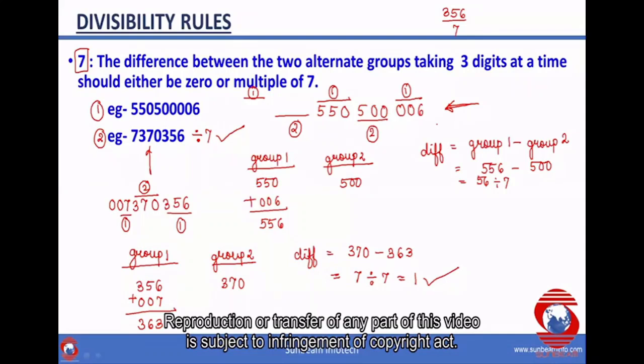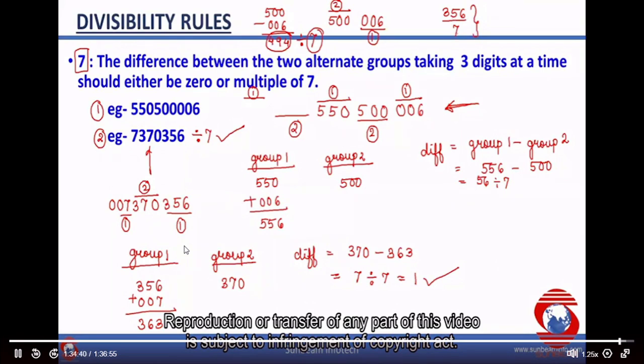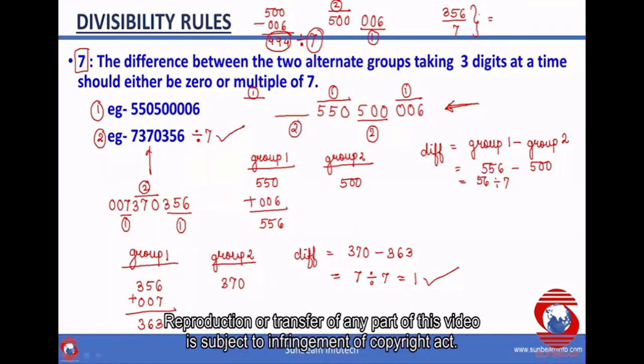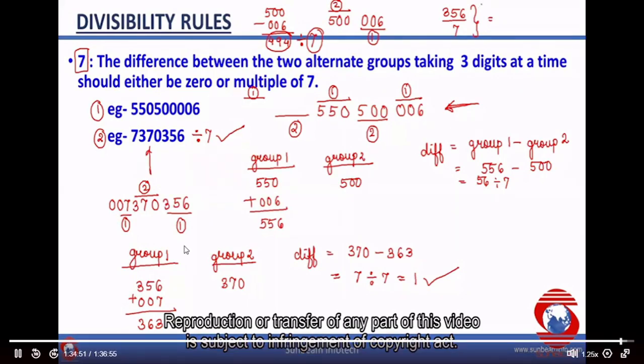This will be needed for you in some calculations, indirectly कहीं पे calculations में लगेगा, right? महेश अगर 6 डिजिट नंबर भी होगा, राइट, सो क्या होगा, लेट्स से इफ आई टेक दिस एज 500 एंड 006, दिस इज 6 डिजिट, सो लेट्स से दिस इज ग्रुप 1 एंड दिस इज ग्रुप 2, तो डायरेक्टली इन दोनों को सब्सट्रैक्ट करो, राइट, सो 500 माइनस 006, राइट, एंड व्हाटएवर आंसर यू गेट, राइट, 494 अगर आपका आंसर आएगा, तो देखो इज 494 डिविजिबल बाय 7, राइट? अगर 3 डिजिट्स होंगे तो यहाँ पे लिखा है गोपाल, डायरेक्टली उस 3 डिजिट्स को डिवाइड बाय 7 करो, and whatever is the output, if it is divisible, then you can say it is divisible. Is it clear to all of you?